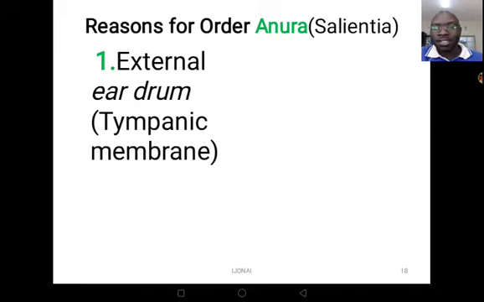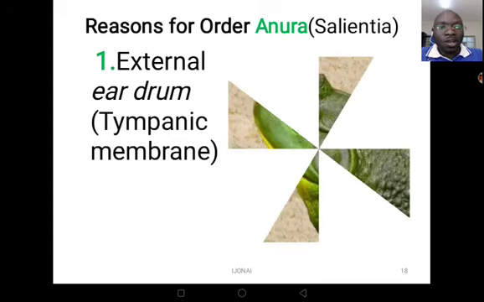What are those characteristics that we are going to look at? And we appreciate that these are characteristics of members of order Anura. Sometimes order Anura is called Salientia. One is they have an external eardrum, sometimes called the tympanic membrane or the tympanum.